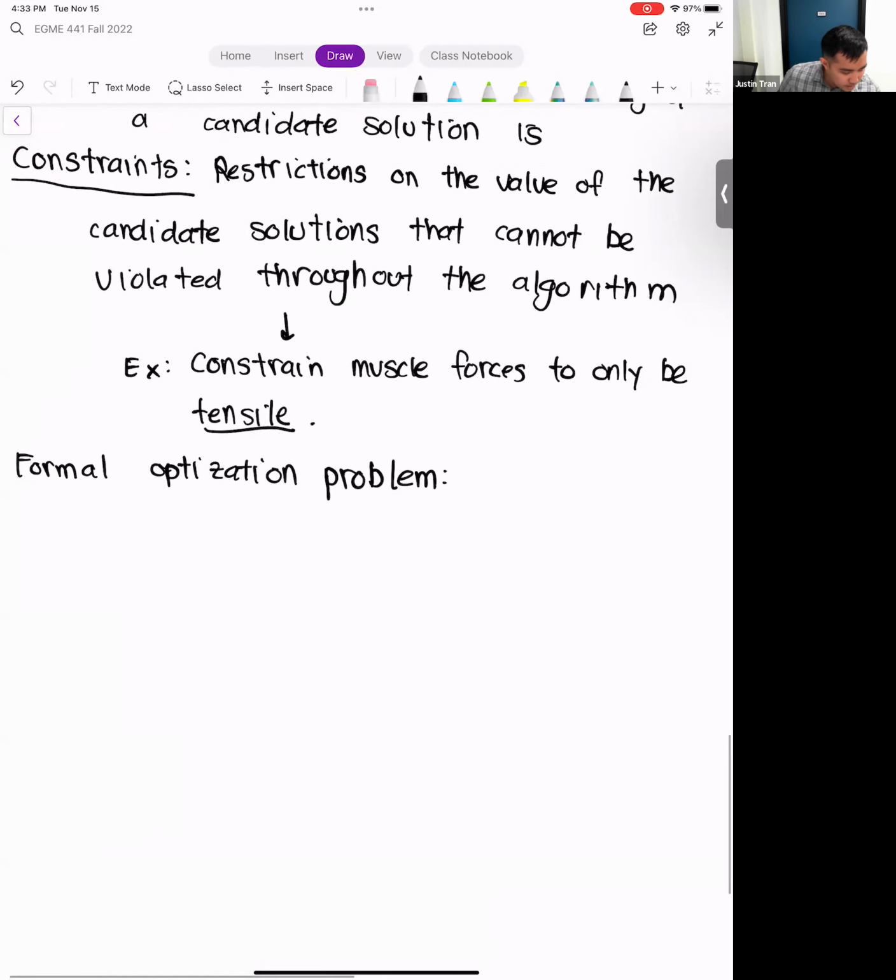With all these definitions, the formal optimization problem looks like the following. What we aim to achieve is we want to minimize our objective function. We want to find the value of design variables that minimizes our objective function.